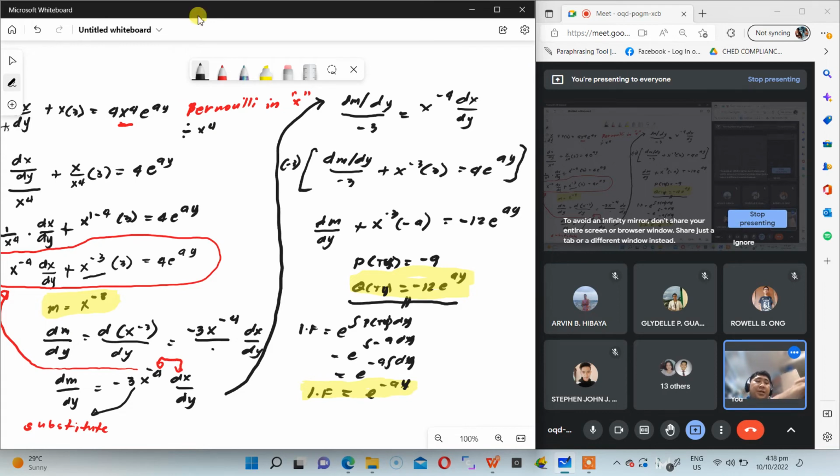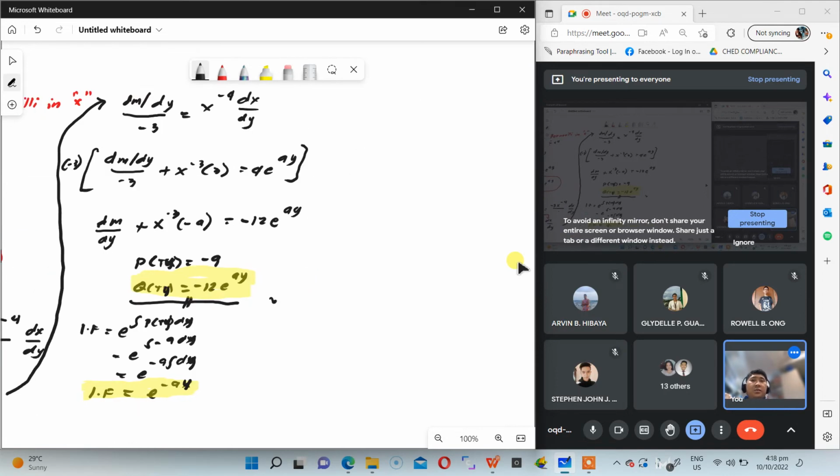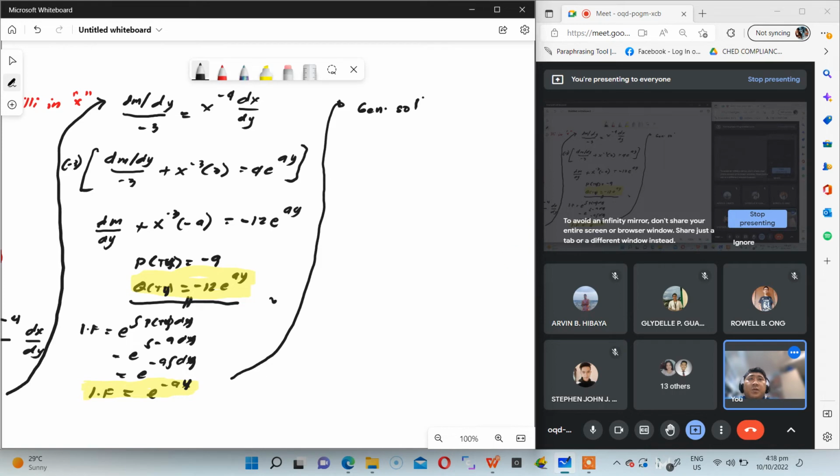So the answer is still the same except for the y. Okay. So, after that, since we already solved for the three terms, we have to solve the general solution. So since we still use m, our m multiplied with the integrating factor equals q of y times the integrating factor dy plus c.